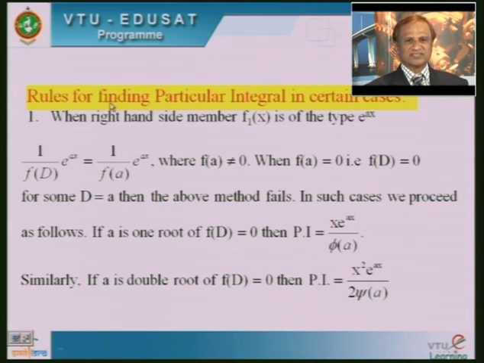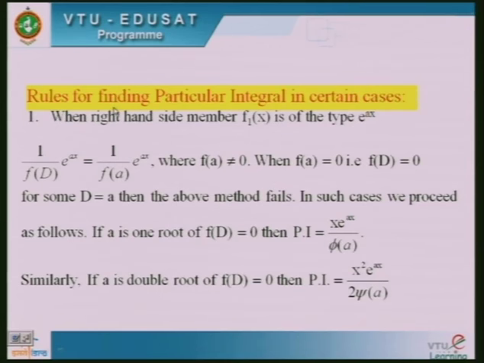Now I want to concentrate on the case when the right hand side member is of the type e raised to ax, and how to calculate the particular integral. Is it clear?